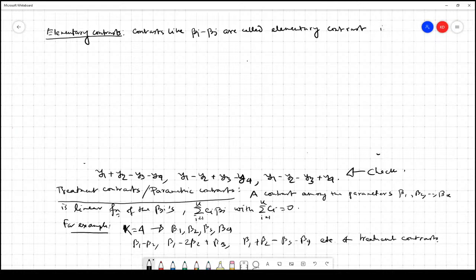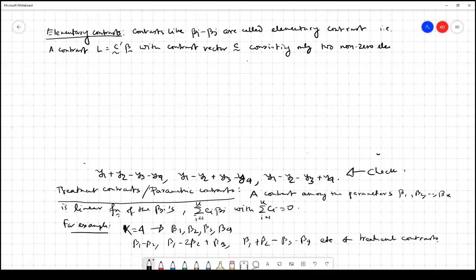That is, a contrast L equal to c prime beta with contrast vector c consisting of only two non-zero elements is called an elementary contrast.